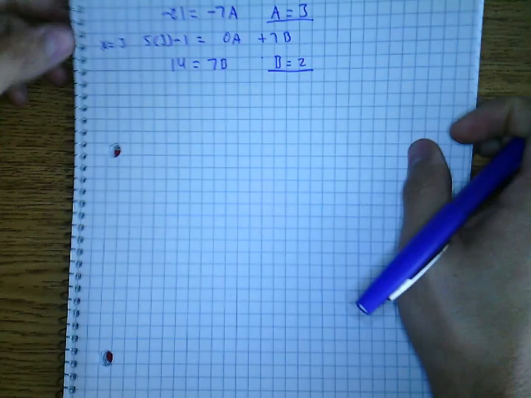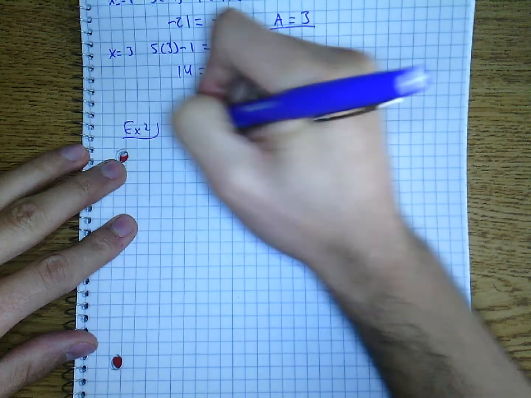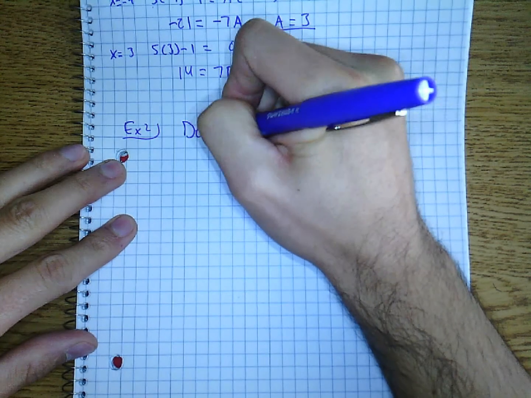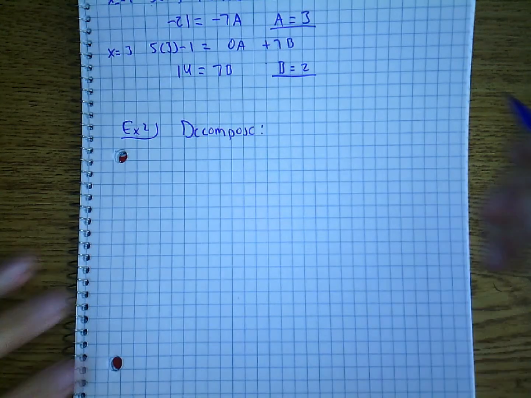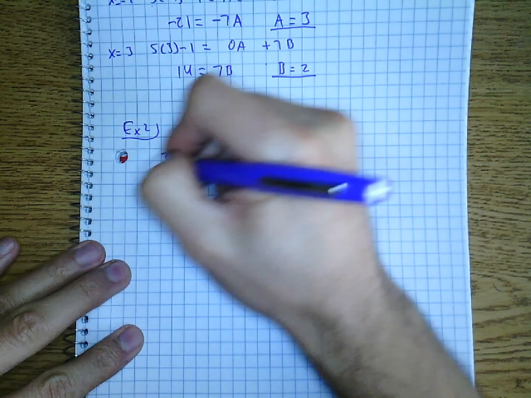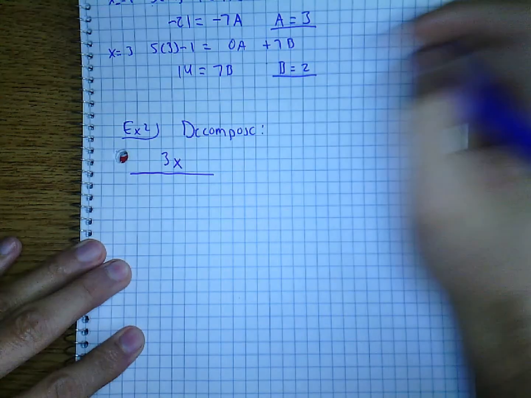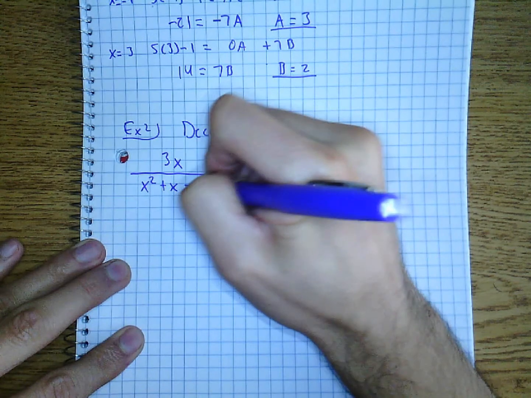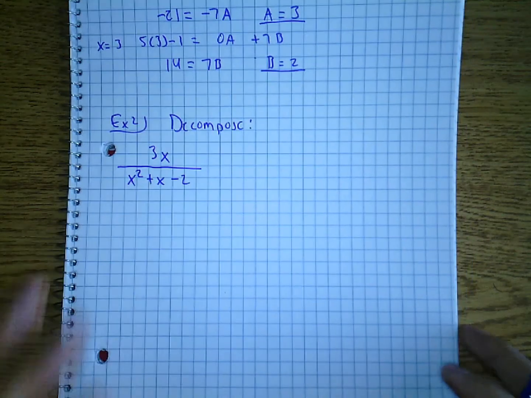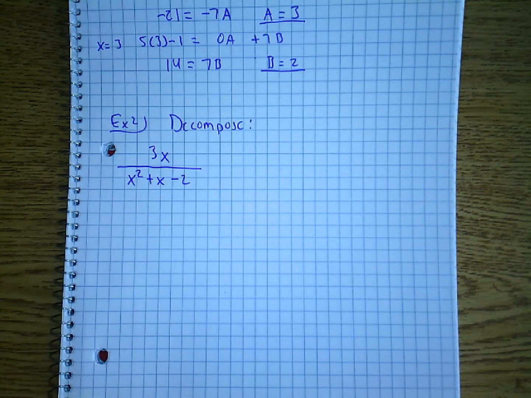We are going to decompose the following fraction. We've got 3x divided by x squared plus x minus 2. You guys help me out. What would I do first? Factor out the denominator. Cool.